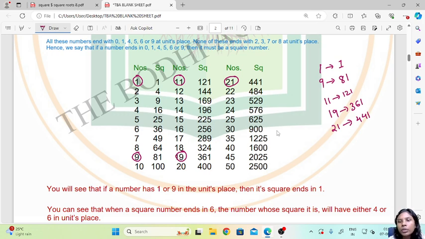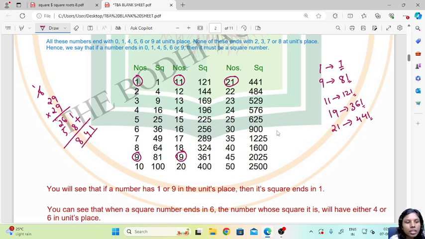Understood? Now in this there is 1, here there is 1, in the units place there will always be 1. Like that, if I go and solve maybe 29 into 29: 9 nines are 81, then 9 twos are 18, 2 twos are 4, and adding up we get 841.